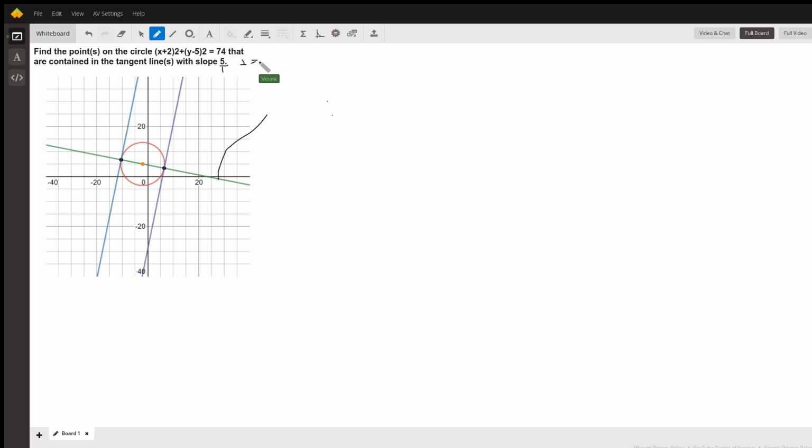So it's going to be negative. And then you flip the fraction. So we can write the equation of a line that goes through the center, which is at negative 2. And the y-coordinate of the center is 5.